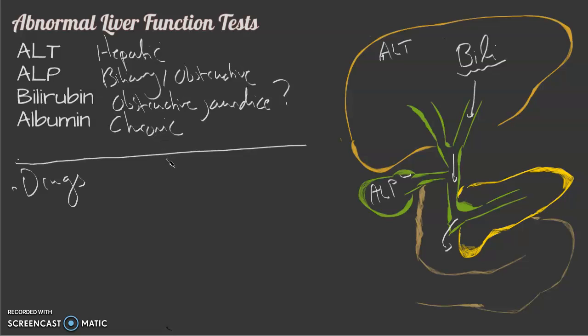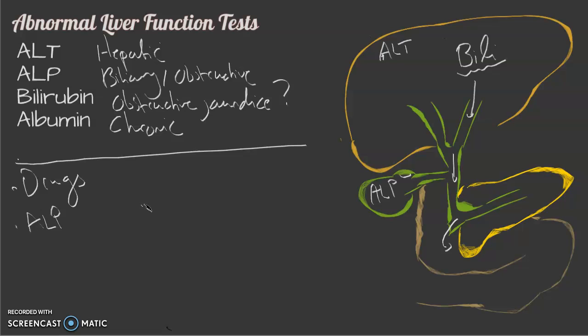With ALP, there is ALP contained in other areas of the body. For example, the brain, the bones, and in pregnancy via the placenta or breast tissue.